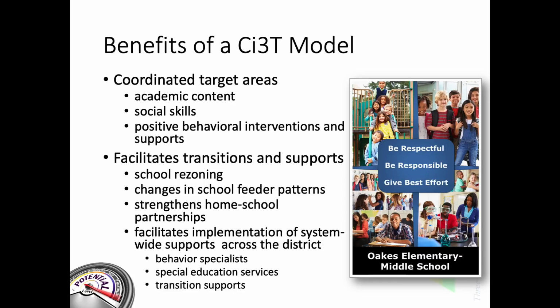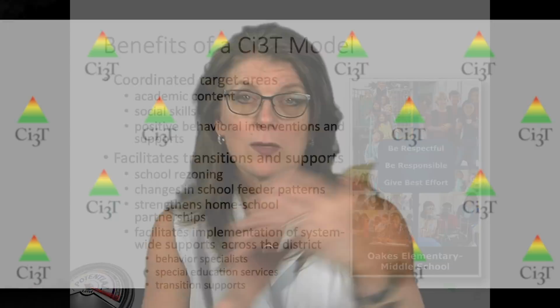Then when students graduate from one school level, like elementary, moving to middle, or if rezoning was to reoccur or if feeder patterns change, it becomes much easier to support those transitions because we can explicitly teach what might be different at schools within the district.